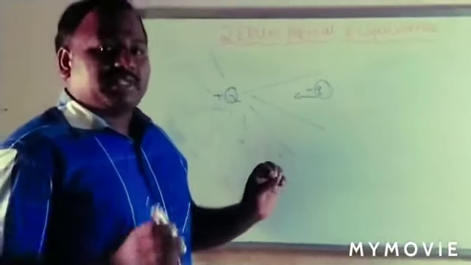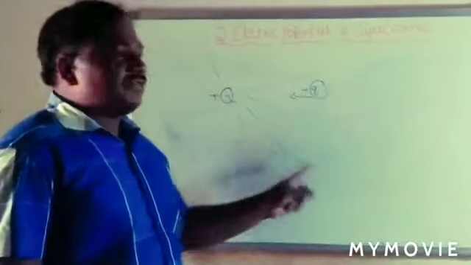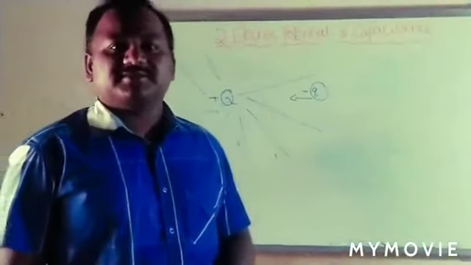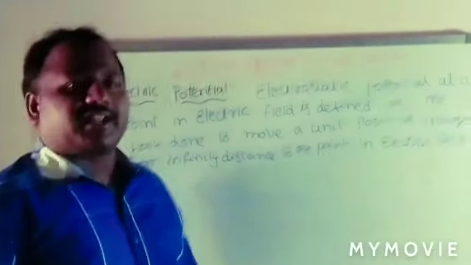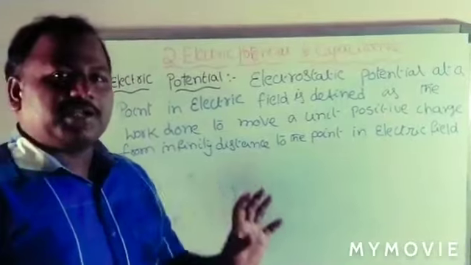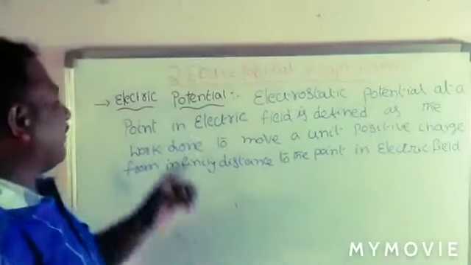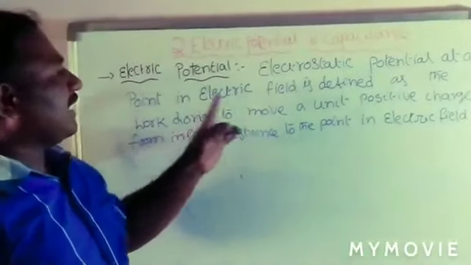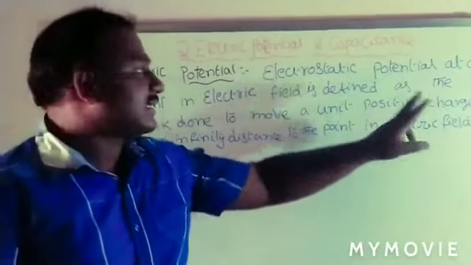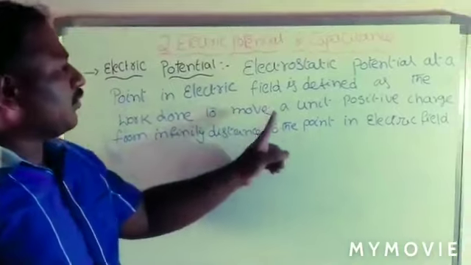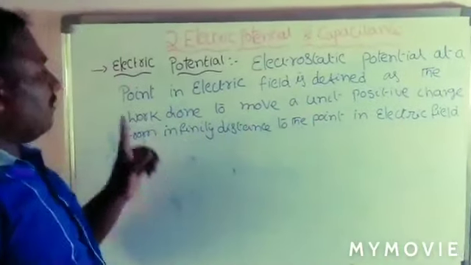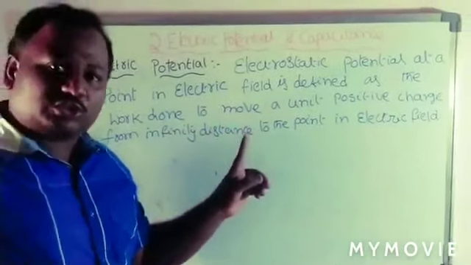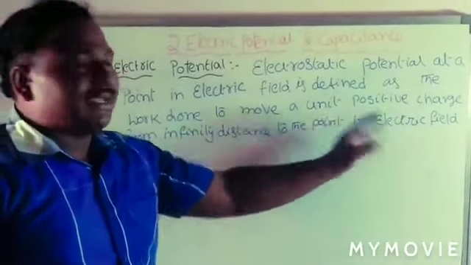Now we see the definition of electric potential. The definition of electric potential is the work done per unit charge. Electrostatic potential at a point in an electric field is defined as the work done to move a unit positive charge from infinite distance to the point in the electric field.